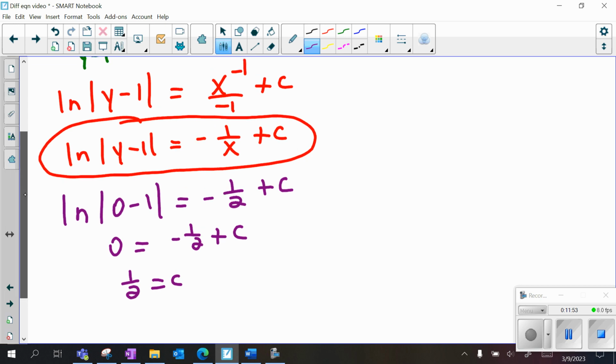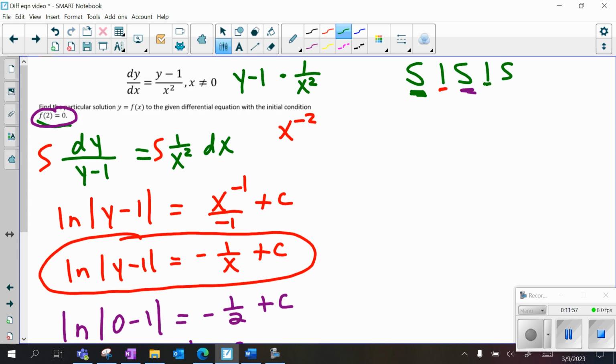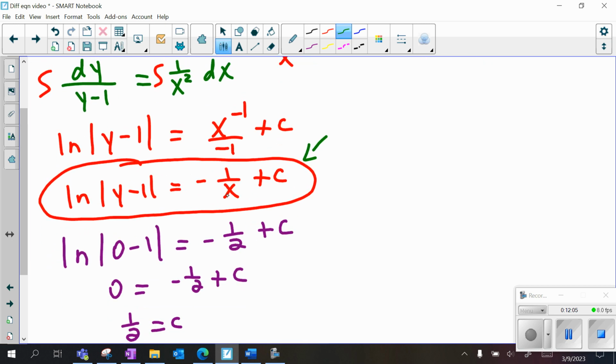Next step is to now isolate. So we go back to our circled equation right after we integrated, made it look nicer. ln of y minus 1 equals negative 1 over x plus 1/2.